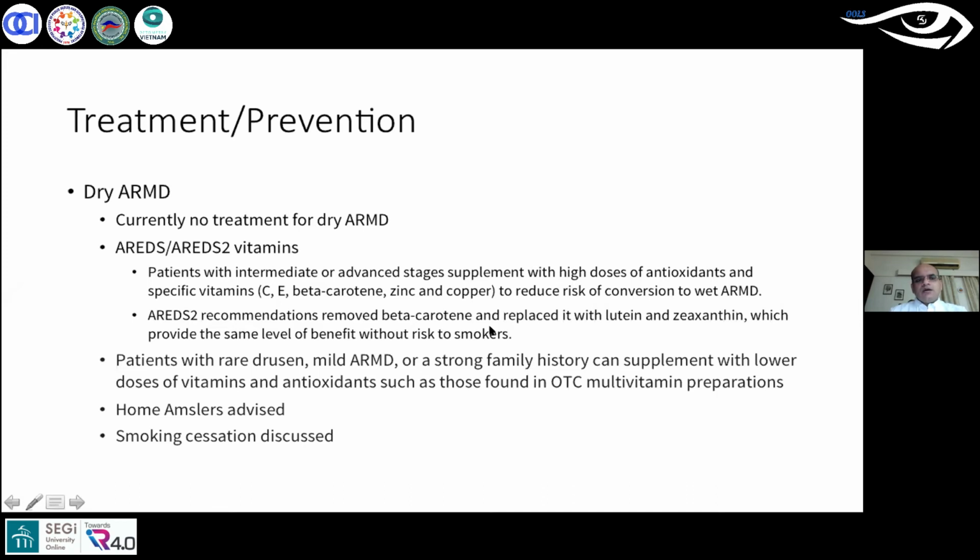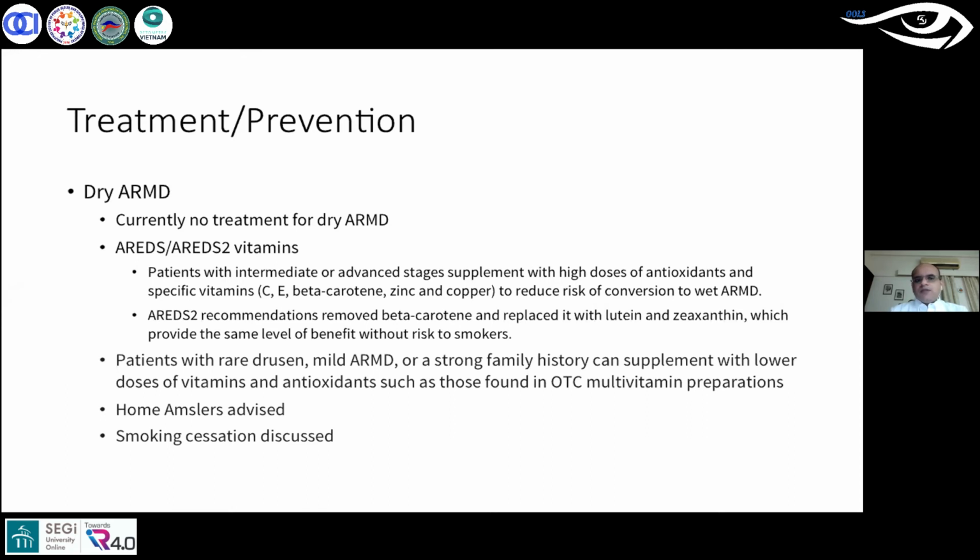This was done because in the AREDS2 supplement to the AREDS1 study, it was recognized that the presence of beta carotene was associated with an increased risk of lung cancer in patients who were smokers. As a result, beta carotene was removed because there was no major benefit found, and they added lutein and zeaxanthin instead to replace it.